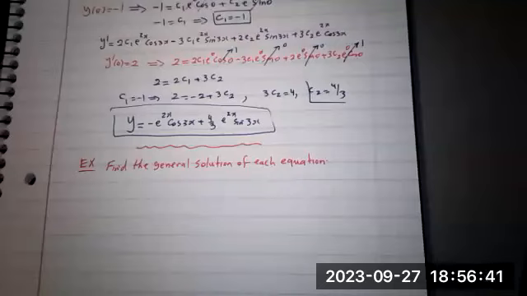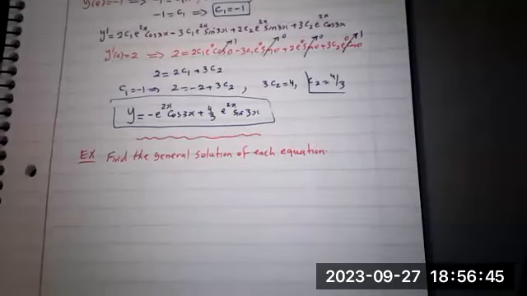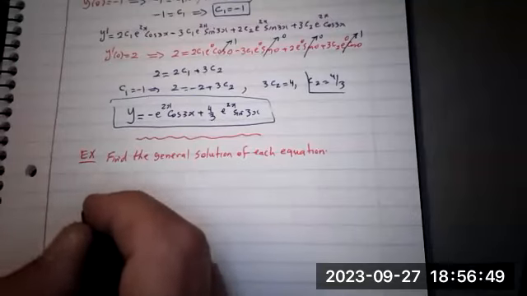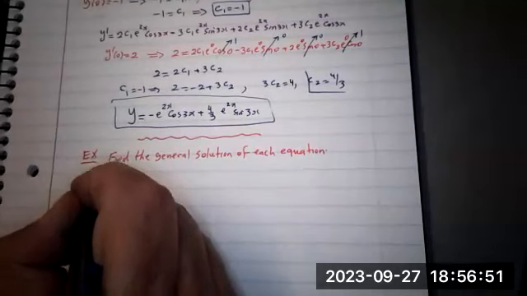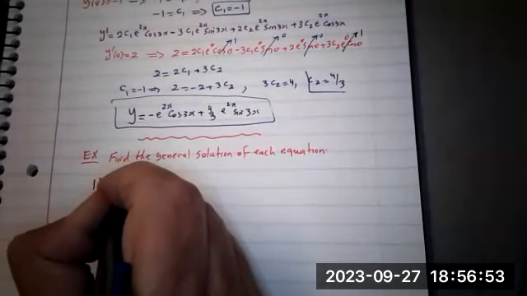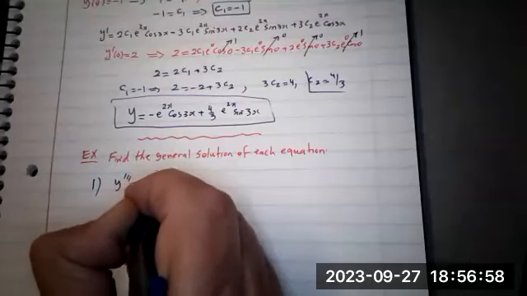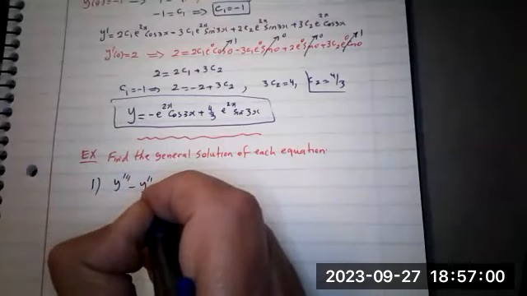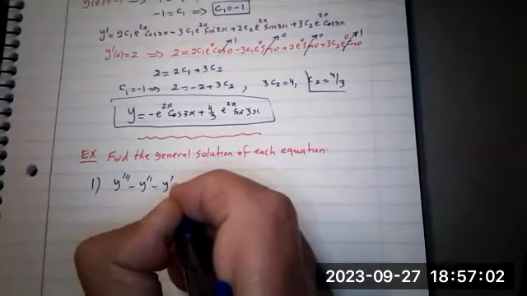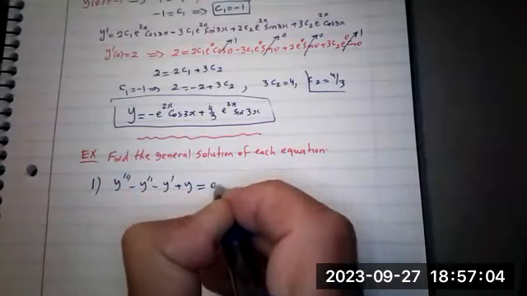Let me give you some very mild one. You may get a couple of them in your book, in your assignment. Let's try this. You see the popular one is of this form, y triple prime, the third, the second, the first, and the y. You see this equation?